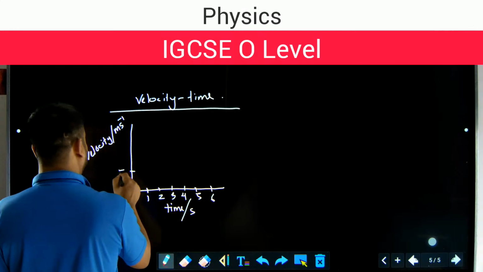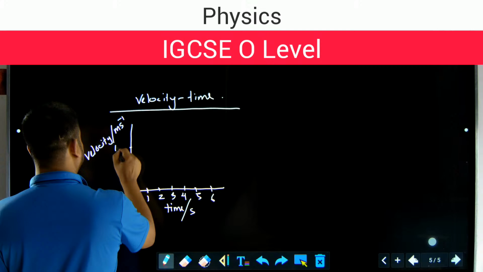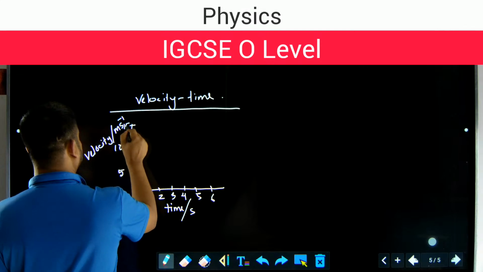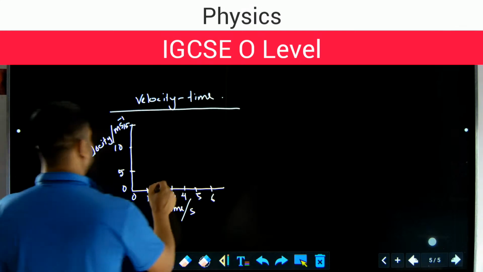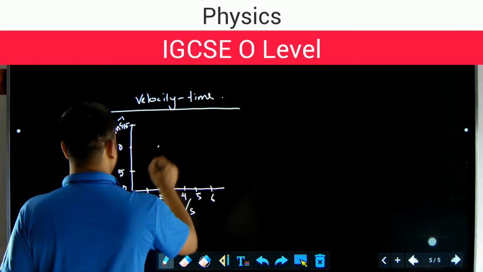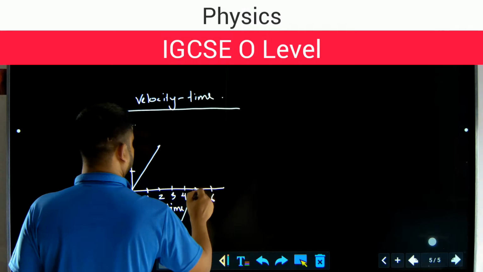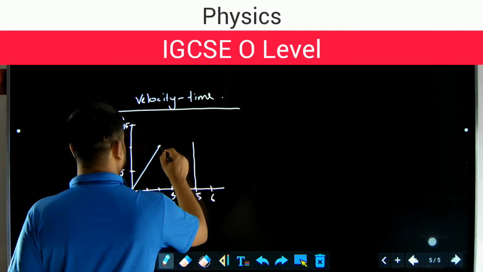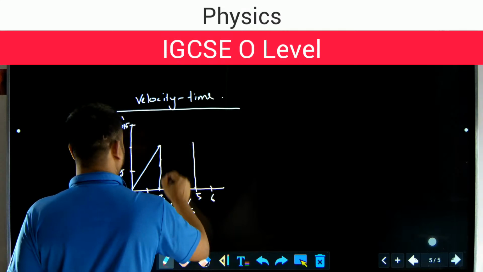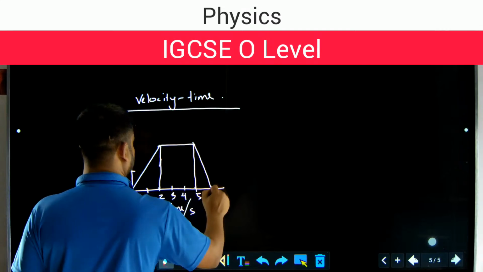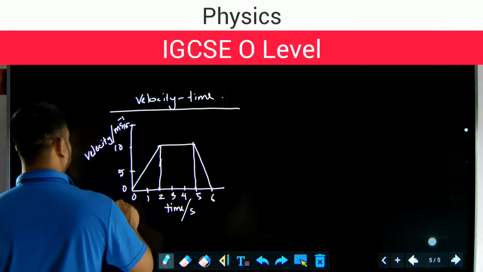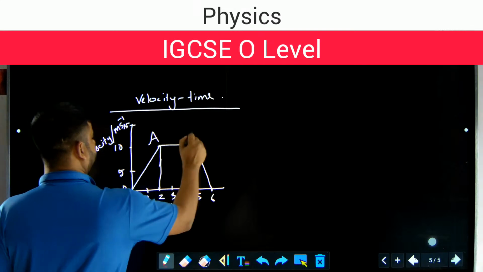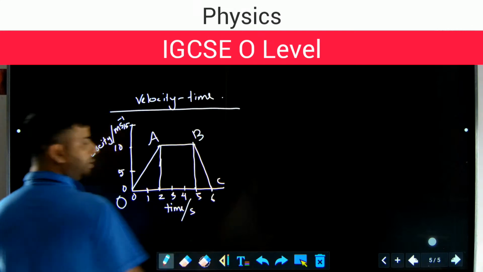Here it is 5, 10, and 15 meter per second. Initial is 0. If there is a graph like this, this one is a velocity time graph O, A, B, C.